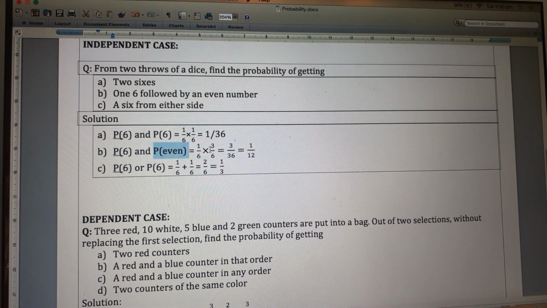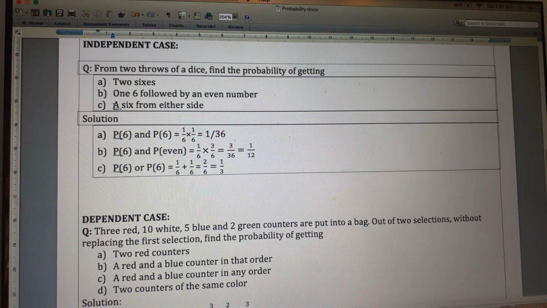Now in case of an even number probability, I have three even numbers in a dice, 2 4 6. So three even numbers can be one of our favorable outcomes divided by total outcomes, which are 6. So it will be 3 over 6 into 6, 36, and on simplification you will get 1 by 12.